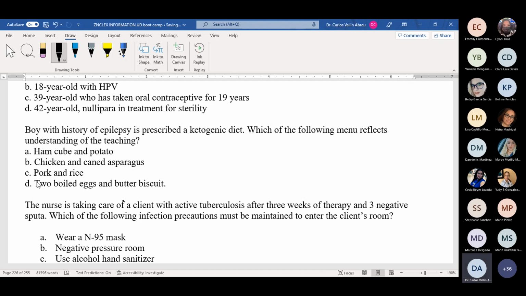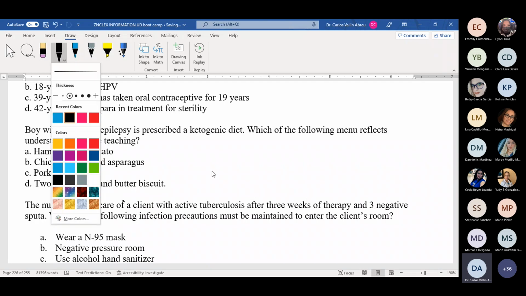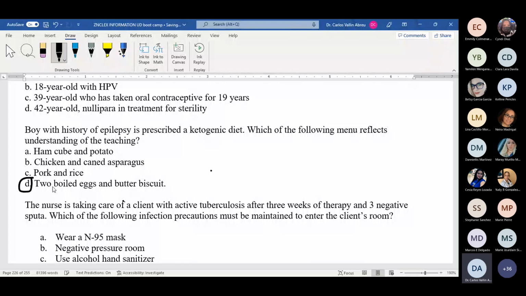So D as in diamond for me is more fatty and more ketogenic than B as in boy, because asparagus is not fat at all and is mainly carbohydrate. That's my point of view. I don't know if you agree with me, because if I were in my NCLEX, I go with D. It has more fat and is more ketogenic.